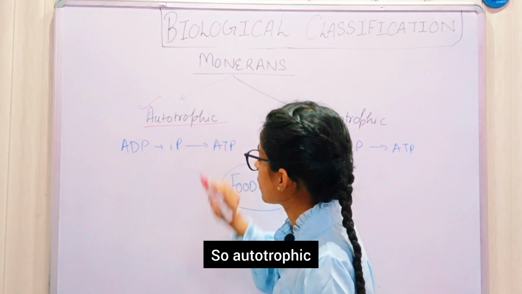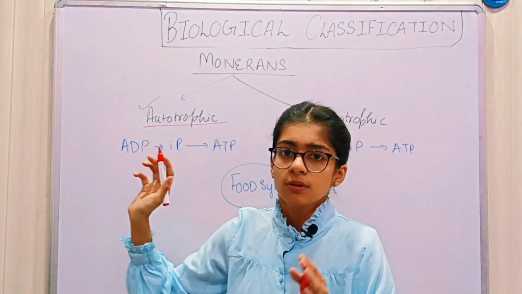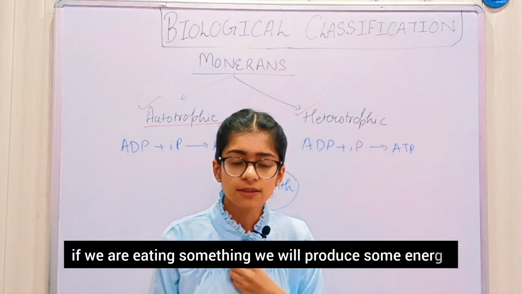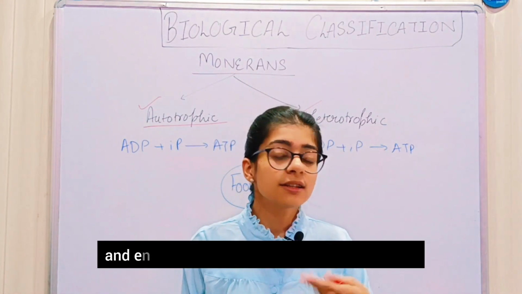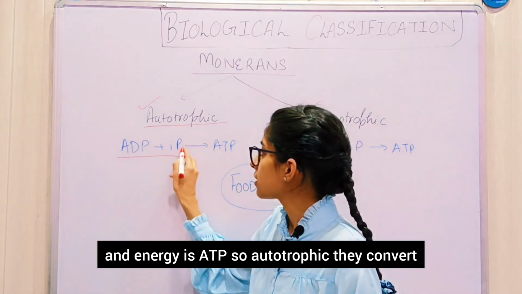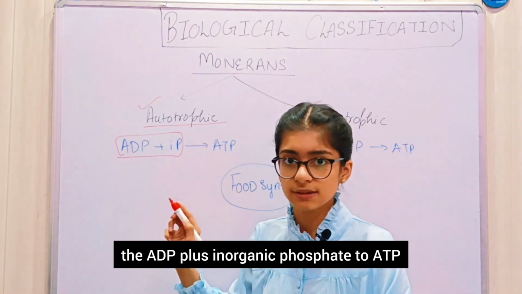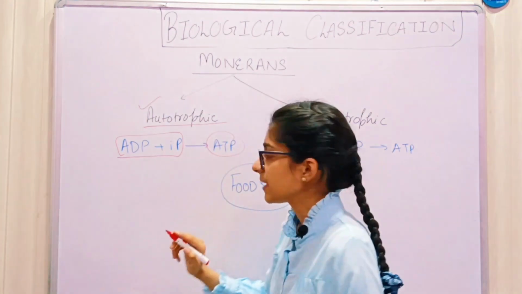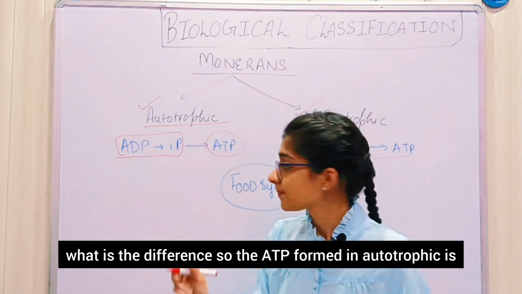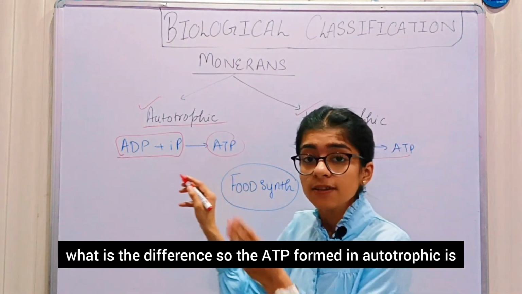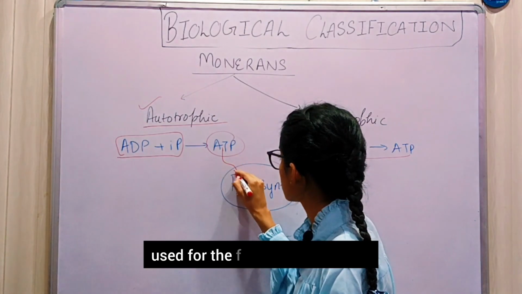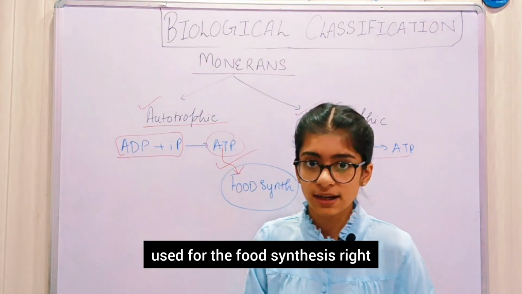So autotrophic. Now any type of nutrition, if we are eating something, we will produce some energy, and energy is ATP. So autotrophs convert ADP plus inorganic phosphate to ATP, and the same happens in heterotrophs as well. Then what is the difference? The ATP formed in autotrophs is used for the food synthesis, right?